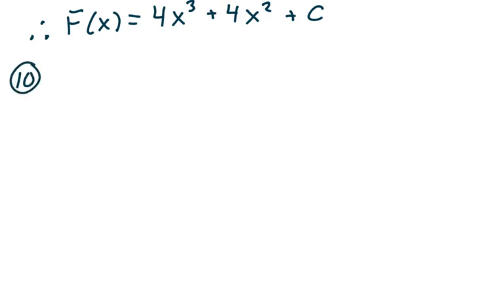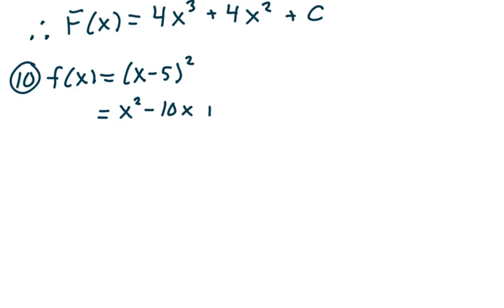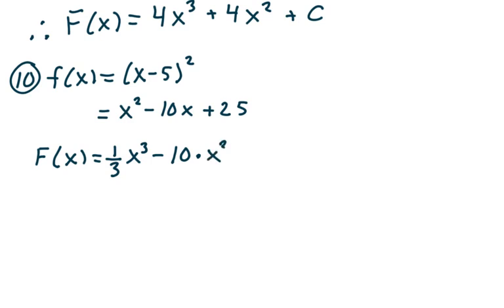If we take a look at 10, f of x is x minus 5 squared. But if we square that out, we get x squared minus 10x plus 25. So if I want capital F of x, I'm going to get x cubed times a third minus 10 times x squared, right?